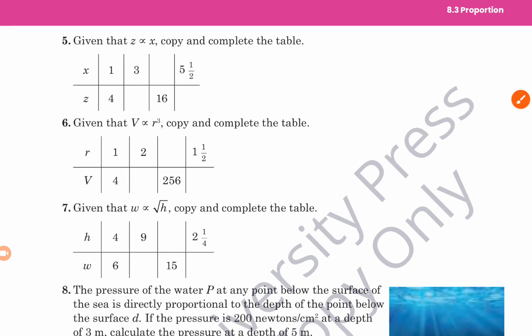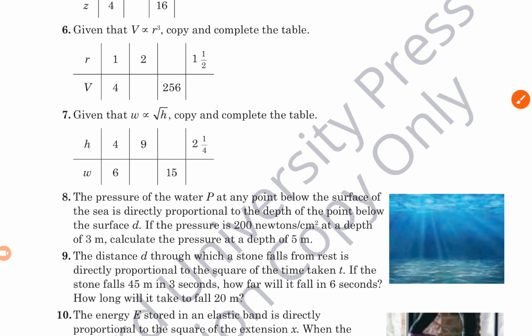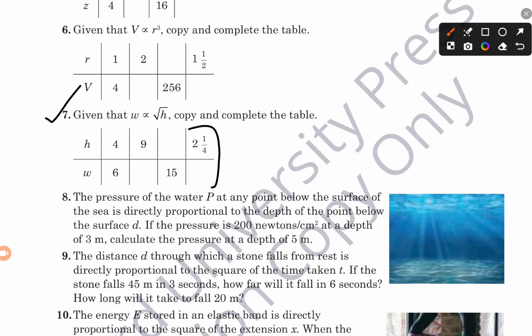After doing these questions, we can solve question number 7 now. I am solving the last part of question number 7 for you. In the first part, you can see that they give both h and w values.